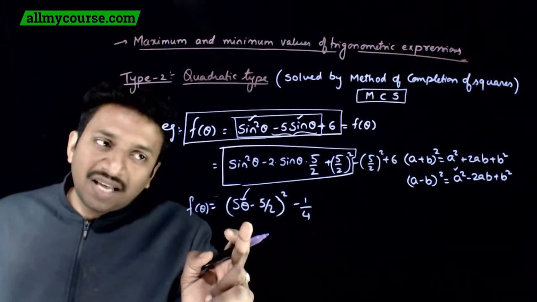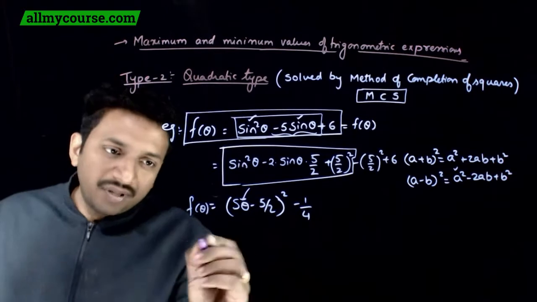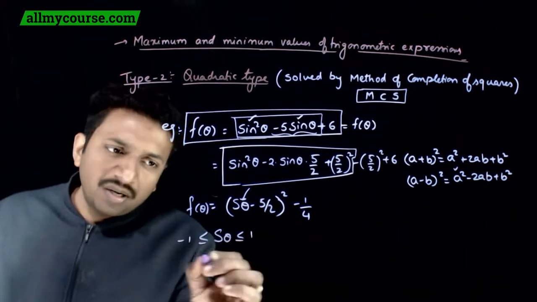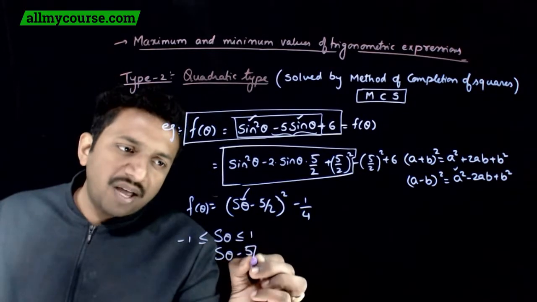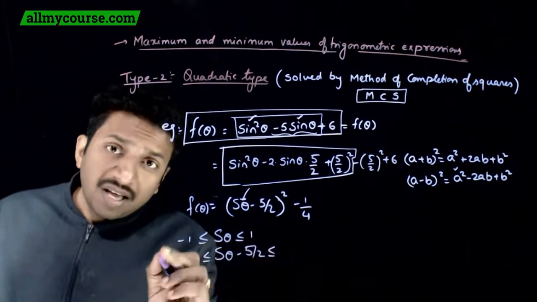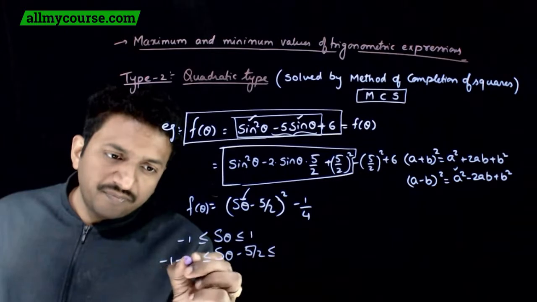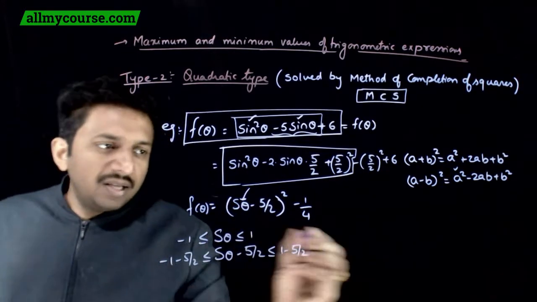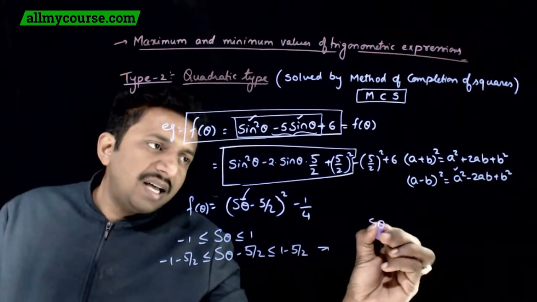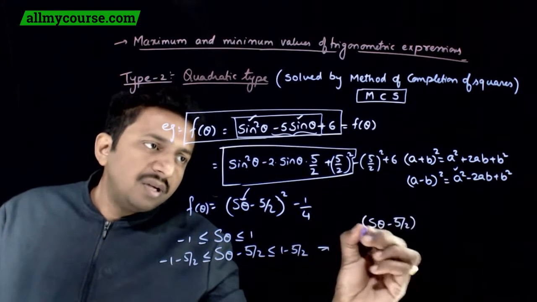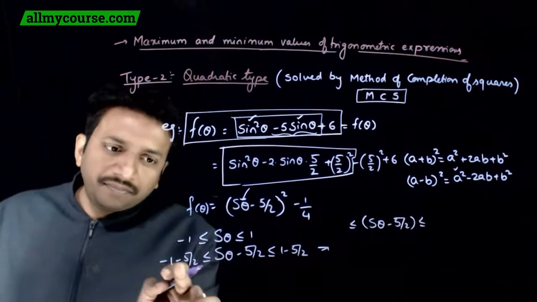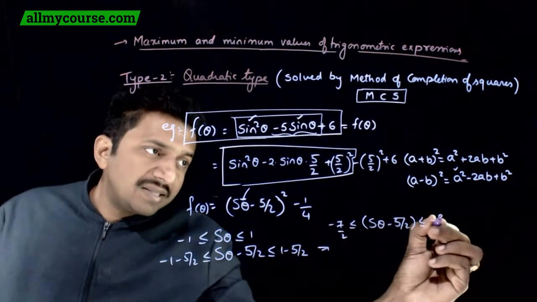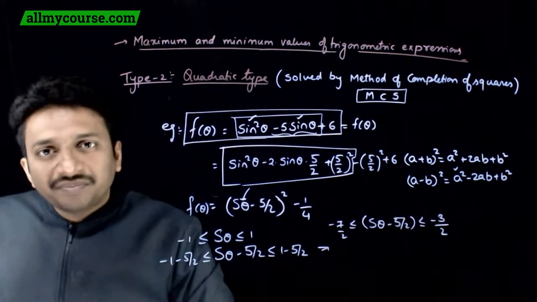So let us start with sine theta and go further. So sine theta lies between minus 1 and plus 1. So sine theta minus 5 by 2 lies between minus 1 minus 5 by 2 and 1 minus 5 by 2. That means sine theta minus 5 by 2 lies between minus 7 by 2 and minus 3 by 2.